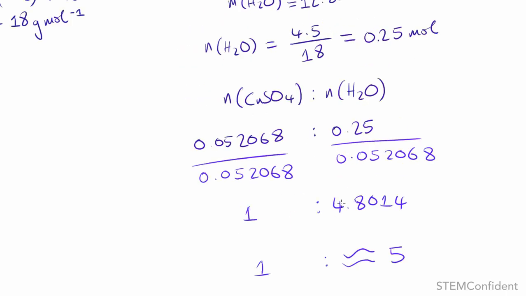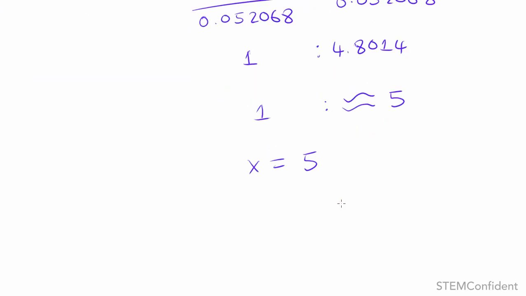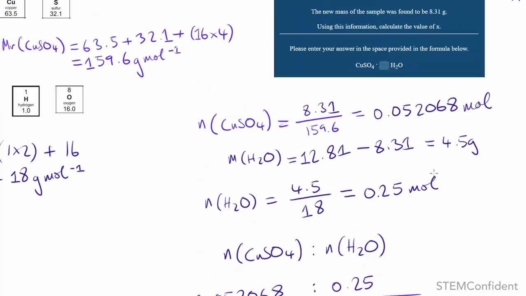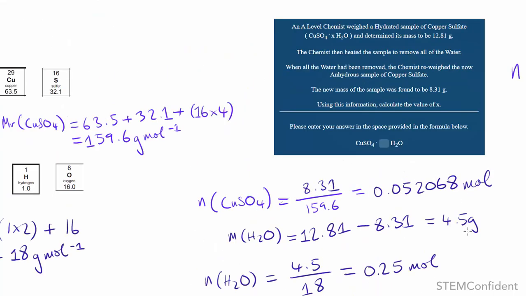And therefore, remember we've got CuSO₄ here we're dealing with, so the formula is CuSO₄·5H2O, right? And so this is our formula in this case. And so up here where it says enter your answer in the space provided in the formula, we're going to have a 5 here, right?